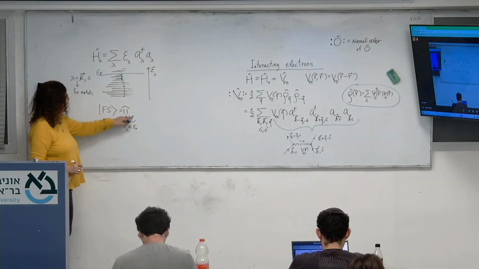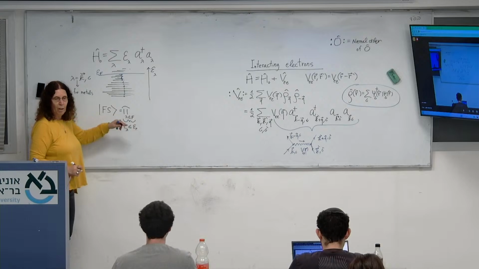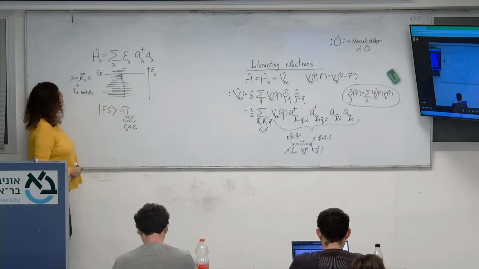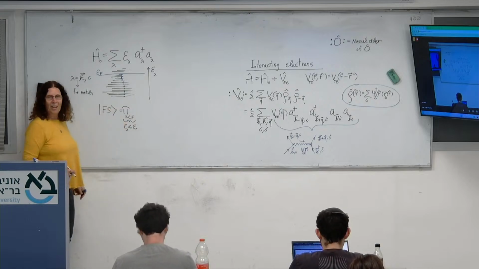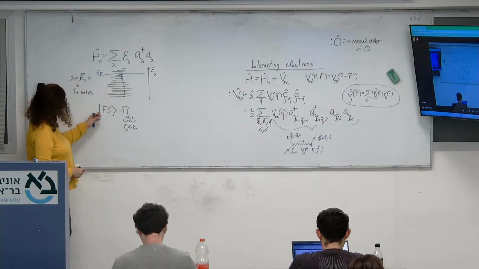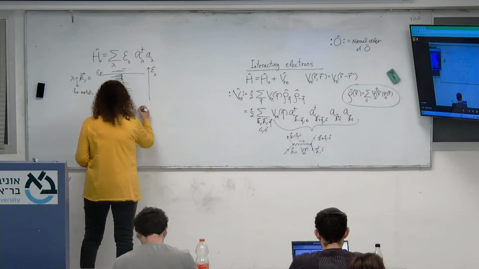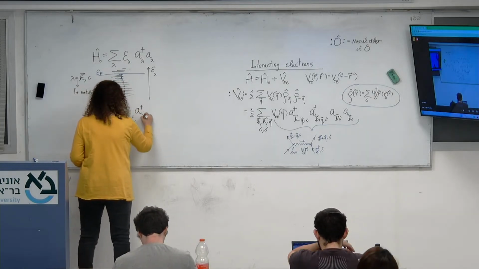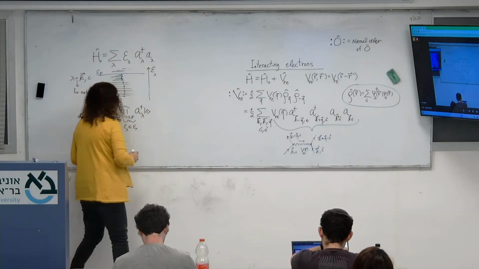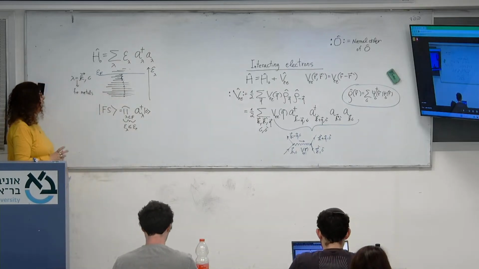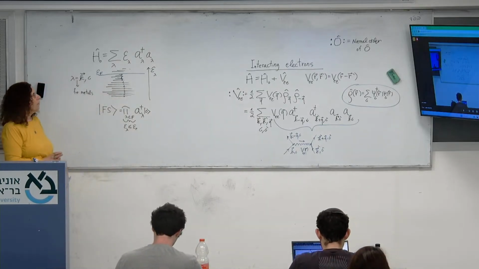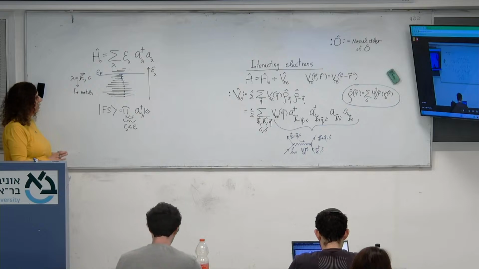So lambda belongs to the Fermi sea, or to the Fock state, of A dagger lambda acting on the vacuum. Okay, this is the ground state.